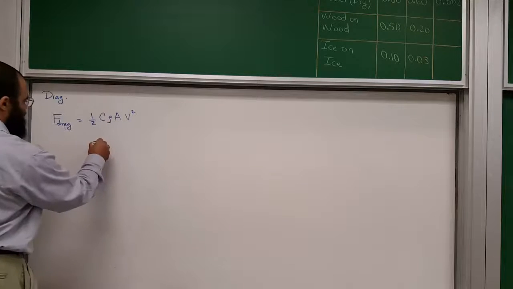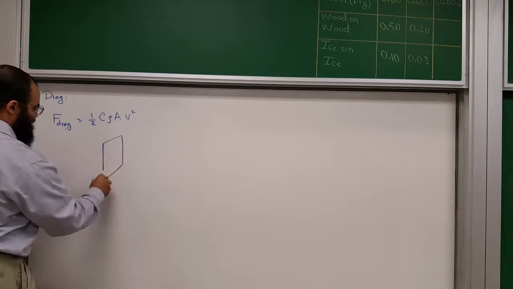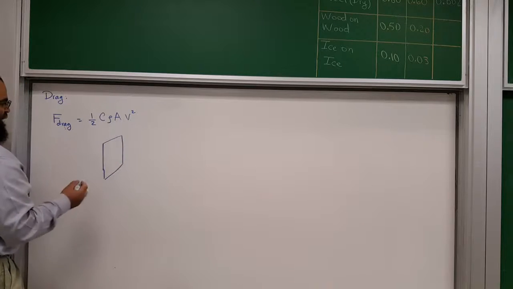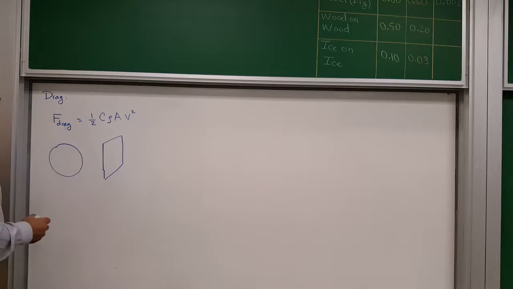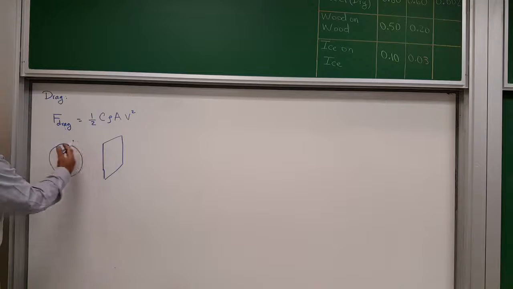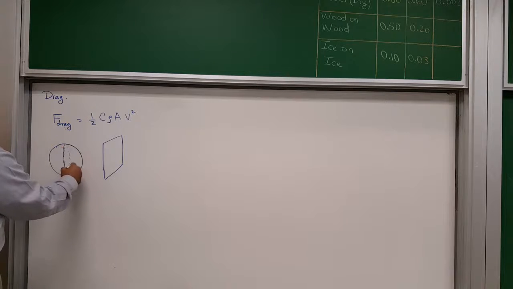Let's say the object has a cross-sectional area A. The object could also be a sphere, in which case the area that faces the air is the projection, so it's pi r squared.